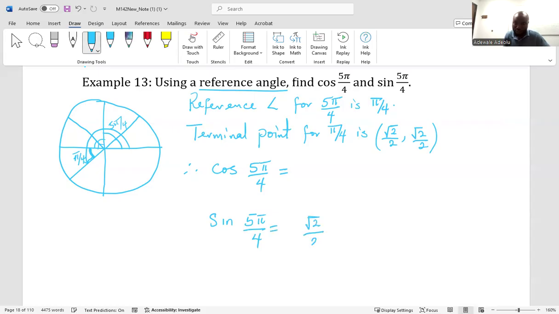Again, it will be root 2 over 2, root 2 over 2. But we need to figure out the signs. X is negative here, which means cosine will be negative. Y is negative here, which means this also is going to be negative. So that is how to figure that out.